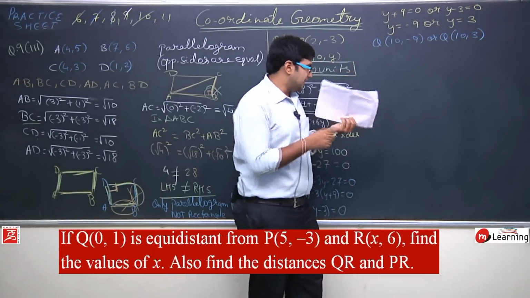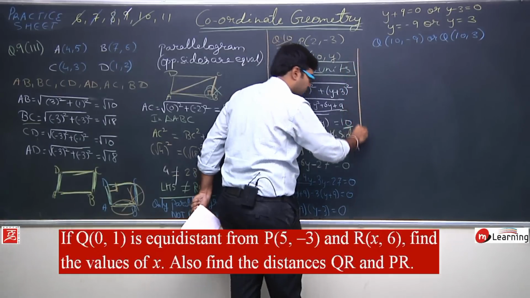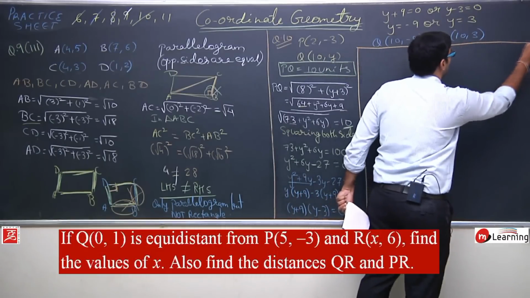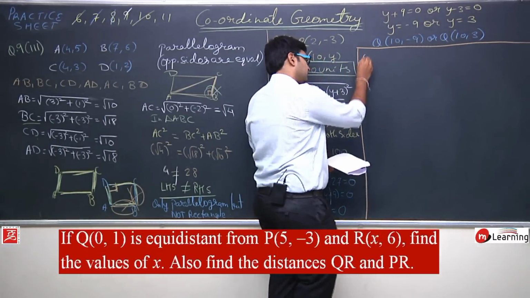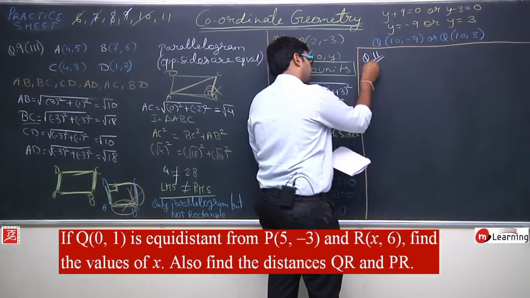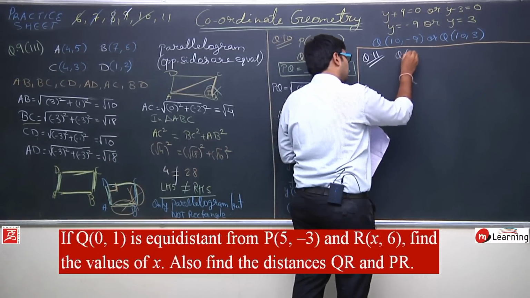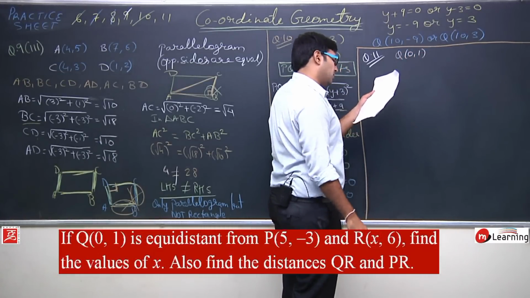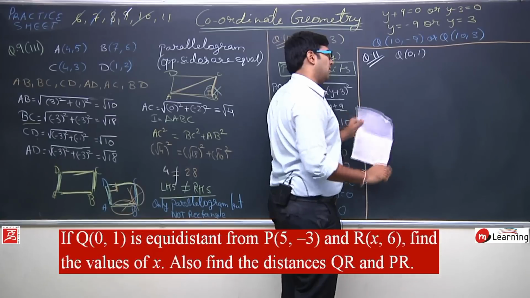So question number 11 says there is a point Q (0, 1) which is equidistant from P (5, minus 3) and R (x, 6).